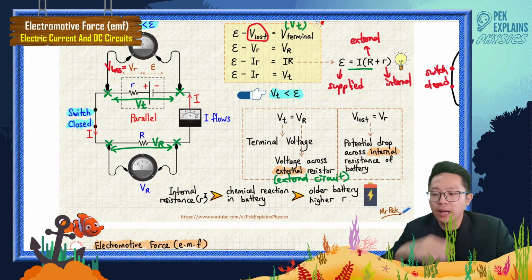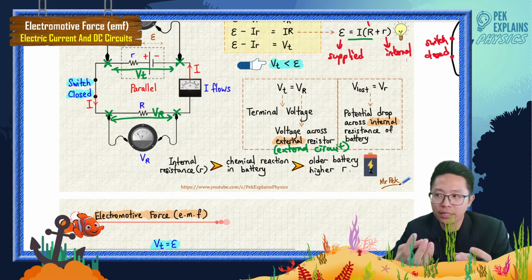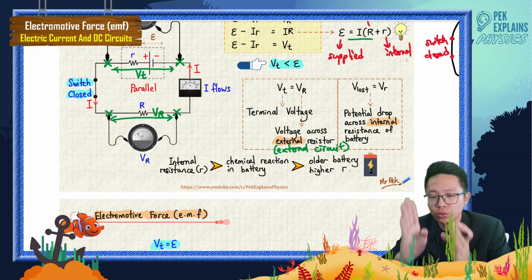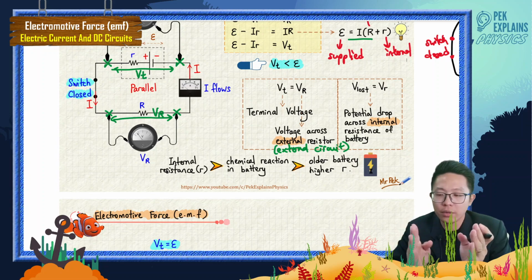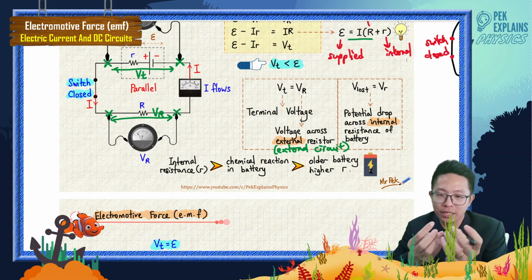One more thing about the internal resistor. What is actually the internal resistor? Why do we have an internal resistor inside the battery? It is because the battery has a chemical reaction happening. We still remember we have the two copper poles. One will get thinner, one will become thicker.